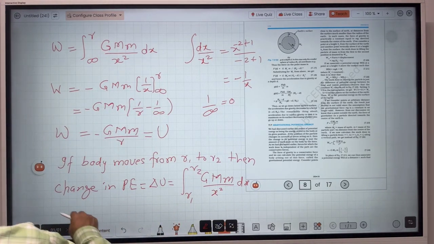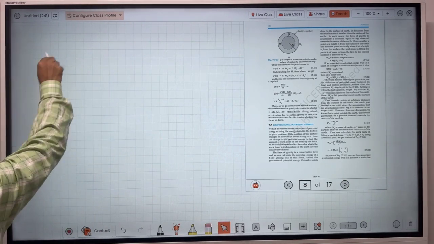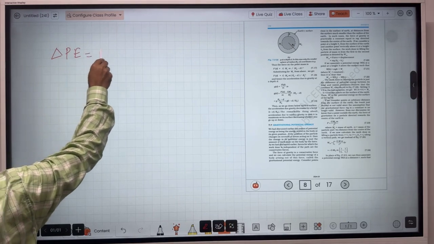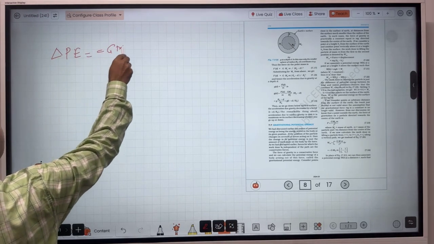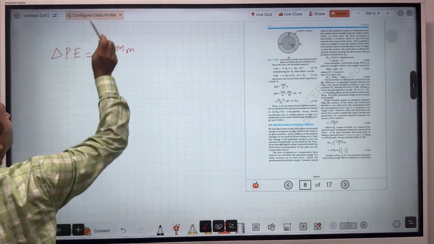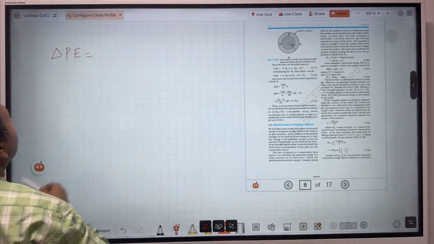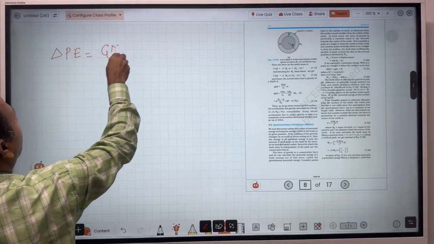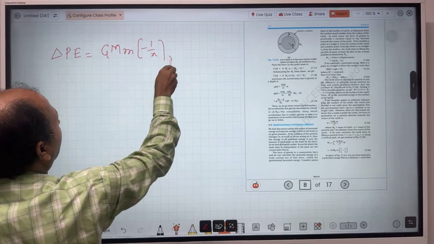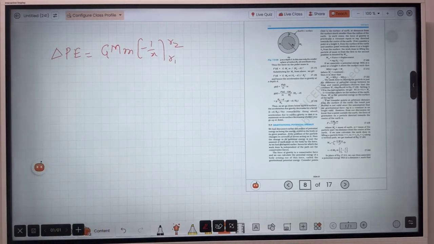Now same thing we will get. So change in PE, delta PE, will be equal to minus GMm, here minus 1 upon x, r1 to r2, right?